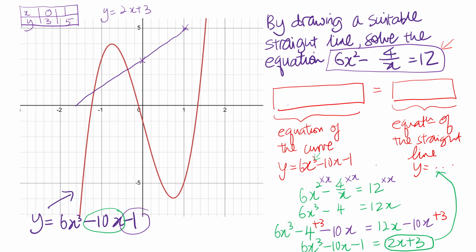Okay, I can't do it properly here. All right, and you'll see that the x coordinates of these 3 intersection points will be the solutions to this equation, 6x squared minus 4 over x equals 12. So this will be the suitable straight line that I need to draw.